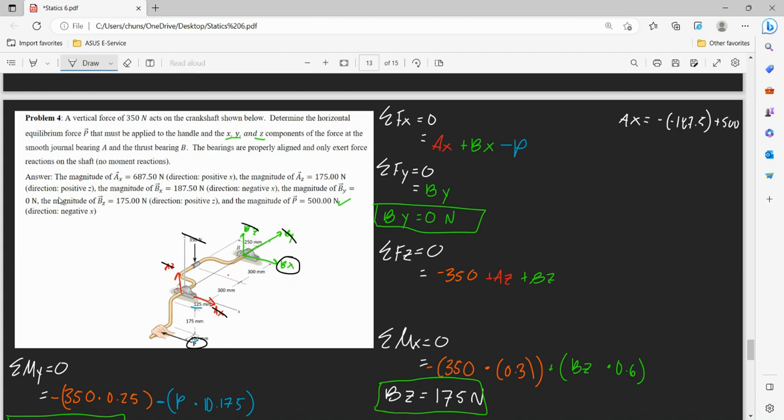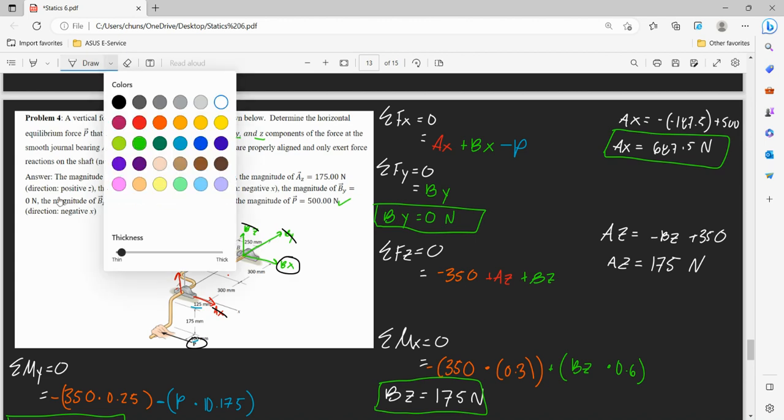So this is plus 500, 687.5, which is consistent with our answer key. So that is good. And then we found BZ, so let's find AZ, which is equal to negative BZ plus 350. BZ was 175. So that's negative 175 plus 350, and that is 175 newtons.